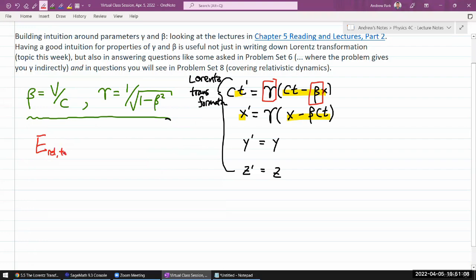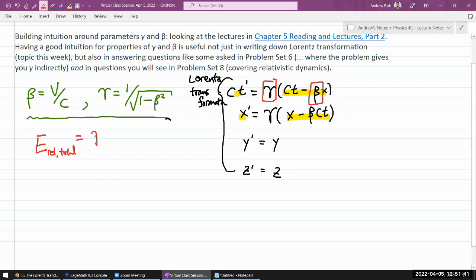relativistic total energy has a really simple expression. It's not something complicated like 1/2 mv squared or 1/2 mv squared plus mgh, all these terms that you have seen in classical mechanics. It turns out they are more complicated than the relativistically correct expression for total energy, which we'll cover next week.